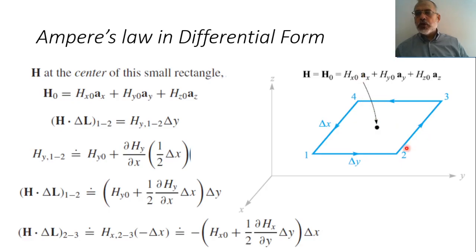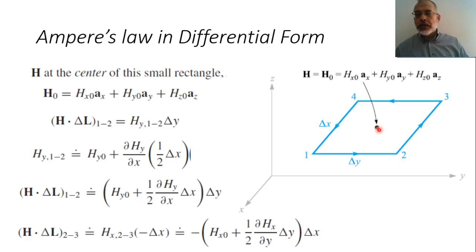And the x component along the path from 2 to 3 equals the x component at the center plus the derivative of Hx with respect to y multiplied by delta y over 2, because we have moved the distance delta y over 2 from the center until we reach the path from 2 to 3.